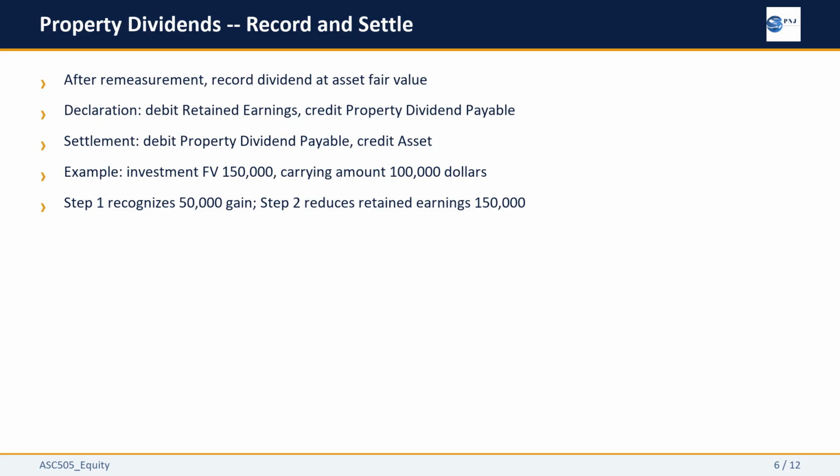To make this concrete, an investment carries a book value of $100,000 but has a fair value of $150,000. Step 1. Recognize a $50,000 gain and write the investment up. Step 2. Debit retained earnings $150,000, credit property dividend payable. On settlement, transfer the asset out at its fair value.